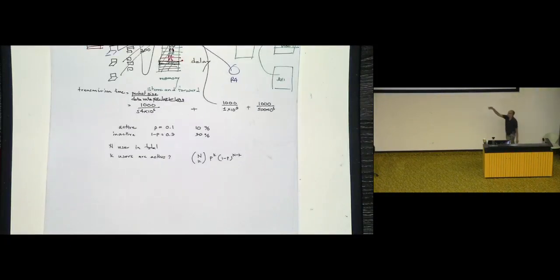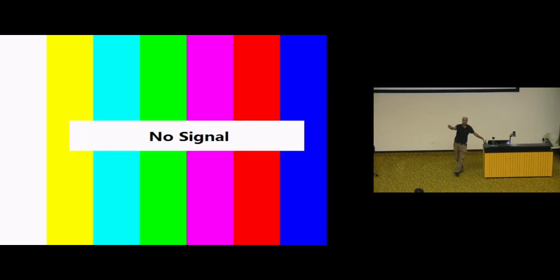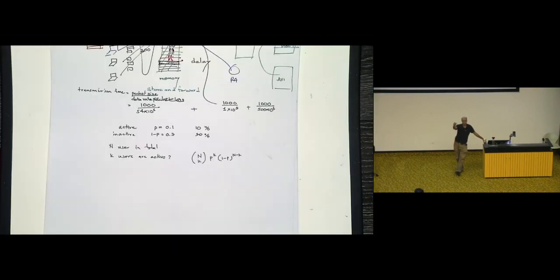By the way, we are not going to be doing this kind of problems in this module. This is just to illustrate, to make my point here. Okay? So, if there are 10 or more users, then I get into trouble. Right? If there are more than 10 active users, then I get into trouble because I don't have enough for them.